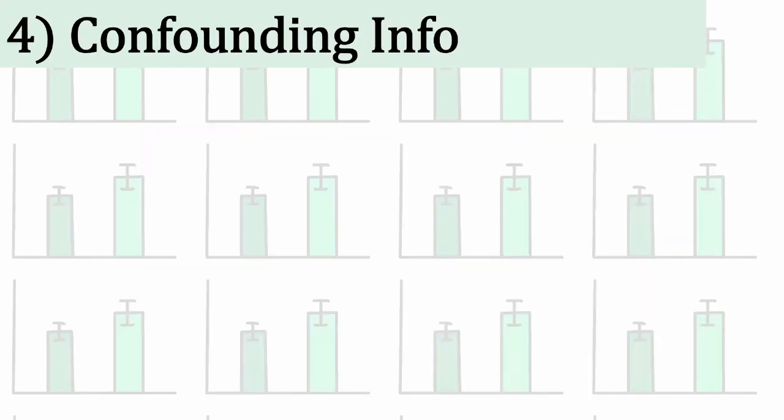All right, the fourth one is the perils of confounding information. Now, in statistics, variables that are confounders have a more technical meaning. But here I'm speaking more loosely, of anything that might confound your analysis if you're not considering it.